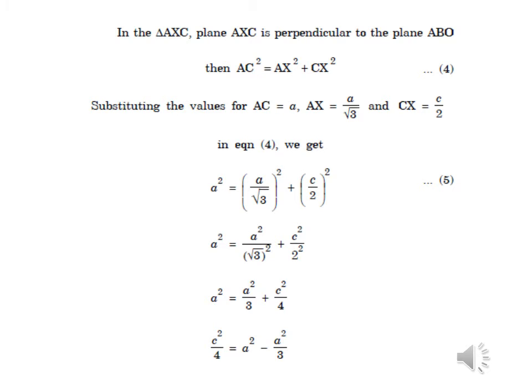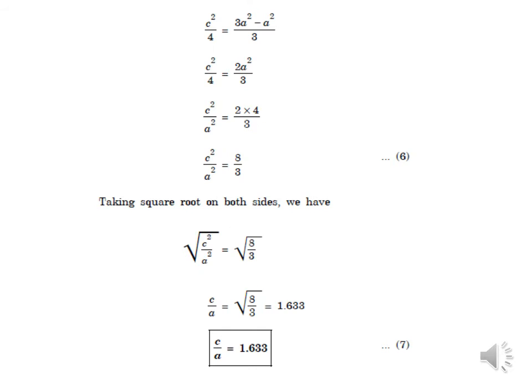To simplify, C squared by 4 equals A squared minus A squared by 3, then C squared by 4 equals 3A squared minus A squared by 3. C squared by 4 equals 2A squared by 3. Therefore, C squared by A squared equals 8 by 3.